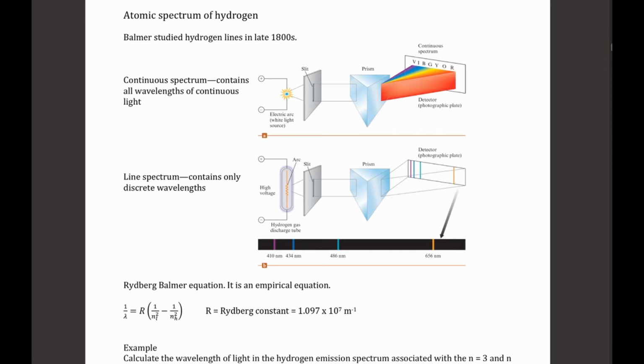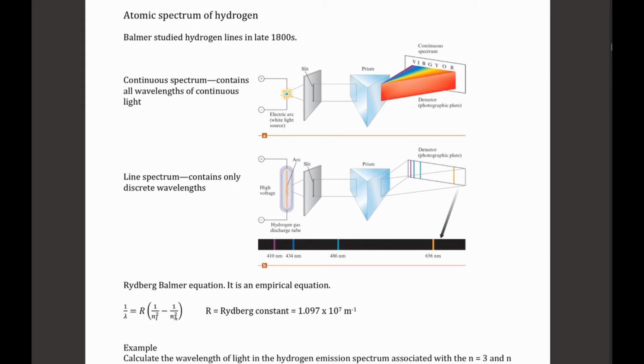What they came up with is the equation 1 over the wavelength, so like 1 over 656, equals R, where R is not the universal gas constant. It is the Rydberg constant, and its value is 1.097 times 10 to the 7th meters to the minus 1, inverse meters.